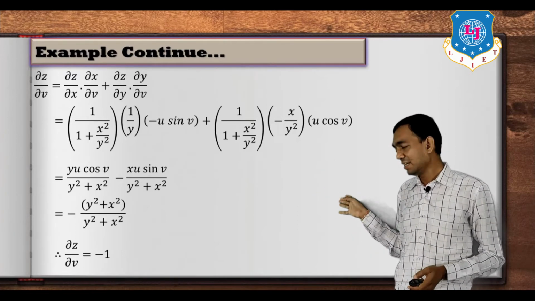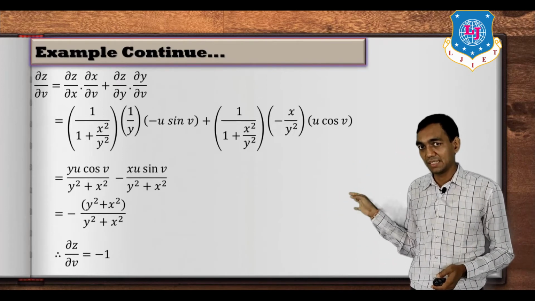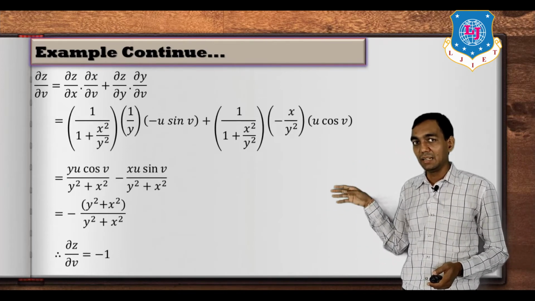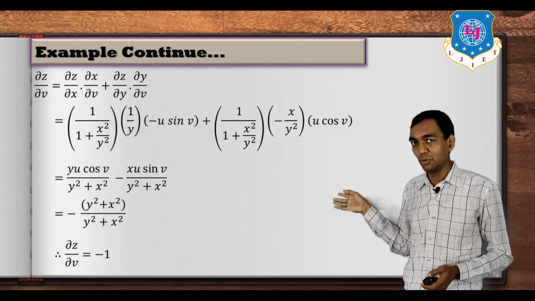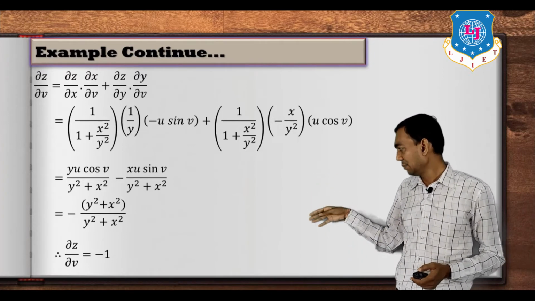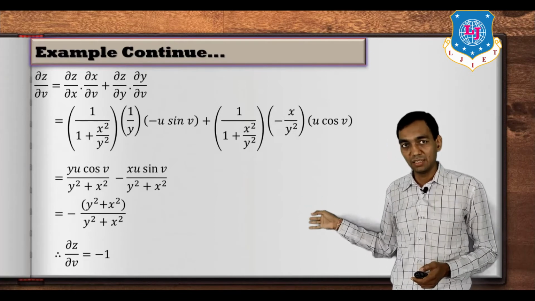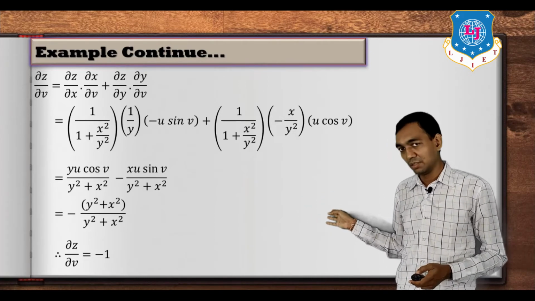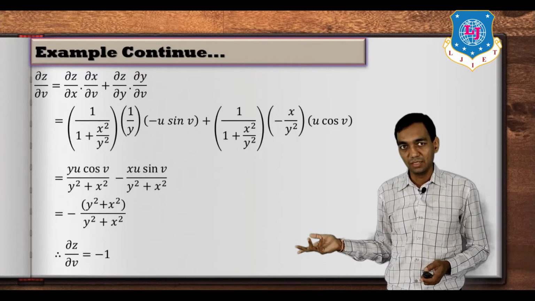And del z by del y is again same, 1 upon 1 plus x square upon y square into minus x upon y square. And del y by del v has a value u cos v, correct? And simplifying by taking LCM, that will give you y into u cos v minus x into u sin v divided by x square plus y square.